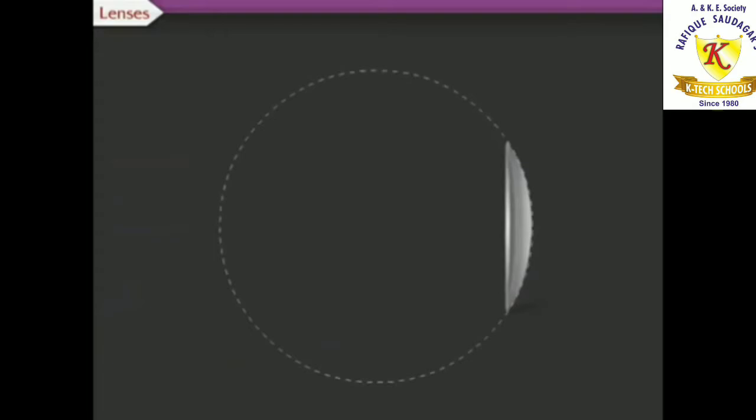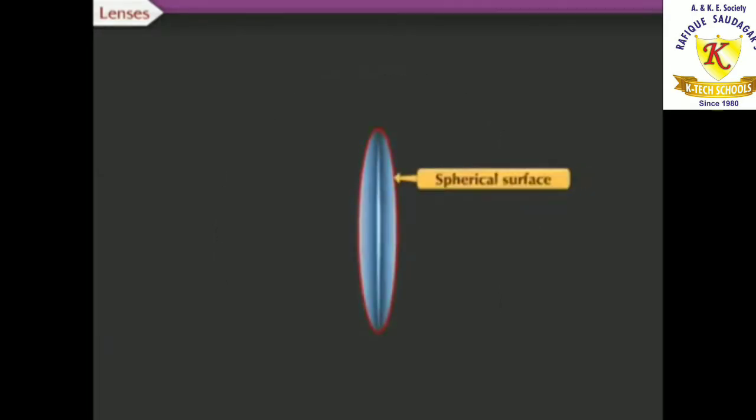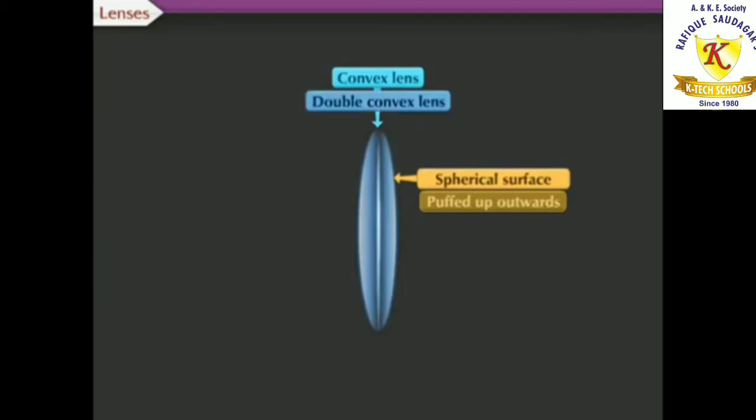A lens is a transparent medium bound by two surfaces. The lens which has two spherical surfaces which are puffed up outwards is called a convex or double convex lens.